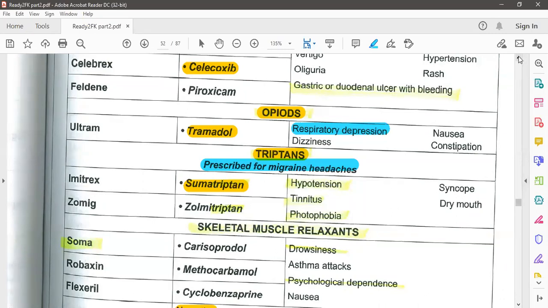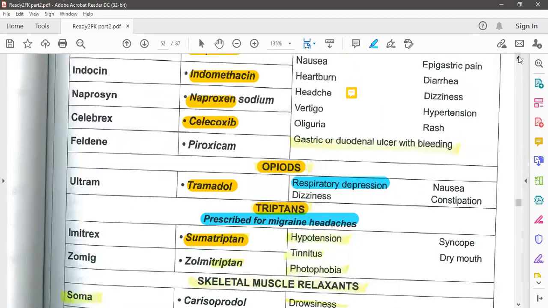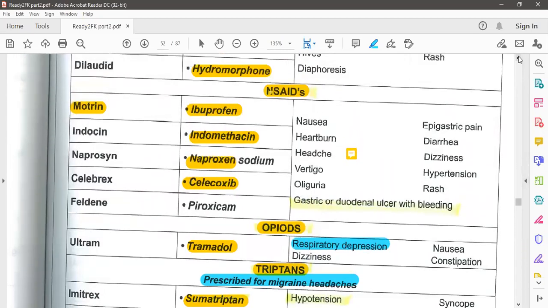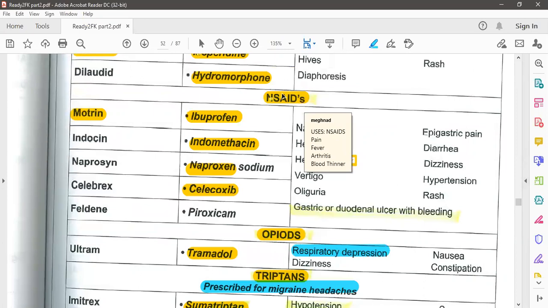And now let me explain about NSAID. We call them non-steroidal anti-inflammatory medication. The common use of NSAID, I said we use the common NSAID for mild to moderate pain.